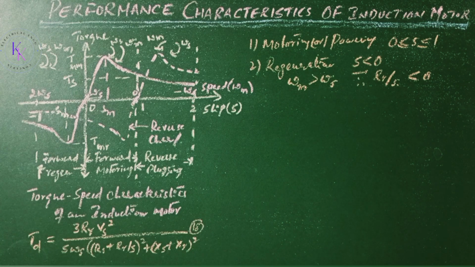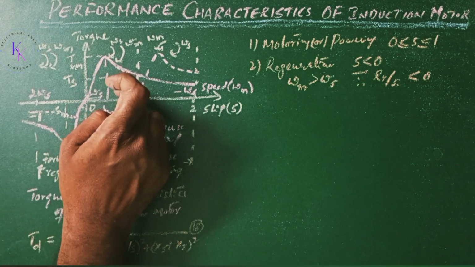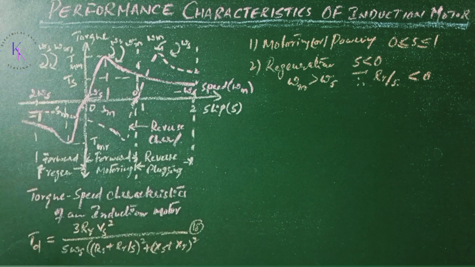This means the power is being fed back from the shaft to the rotor circuit, and the motor operates as a generator. The motor returns power to the supply system. The torque speed characteristic is similar to that of motoring, but with negative values of torque. As you can see, this plot is the same as in motoring, but in the negative direction.